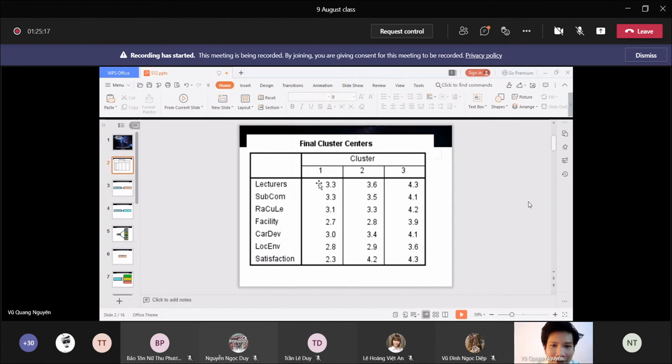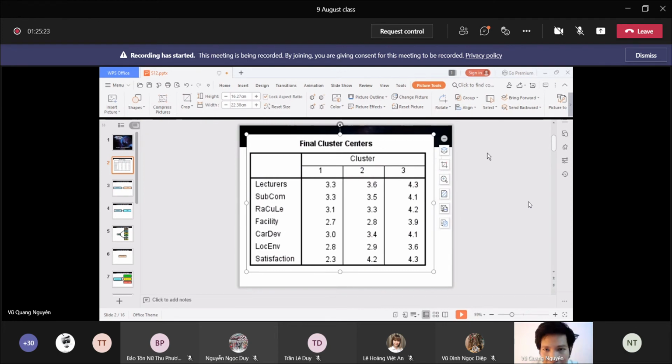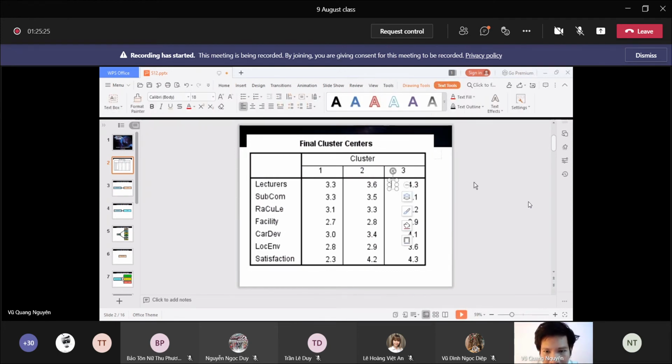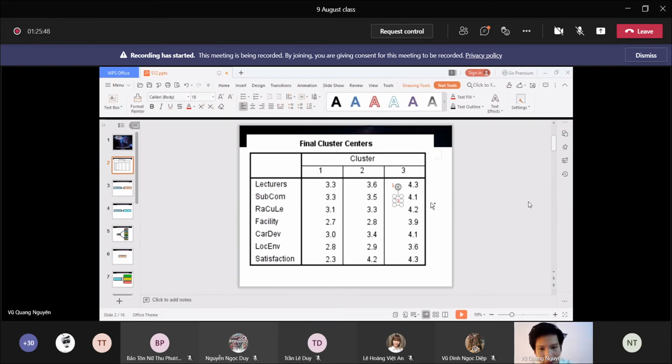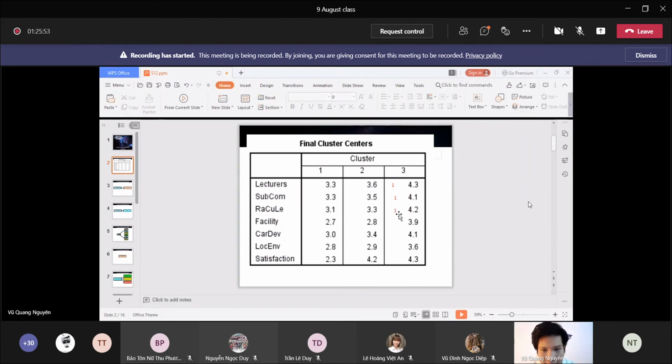Okay, the first thing, I rank them. In lecturers, cluster 3 is the highest, right? So I rank it number 1. Let's make this number 1 red, right? How about subject complexity? Which one is highest? Still cluster 3, right? Rationality of curriculum's length, cluster 3, still the highest.